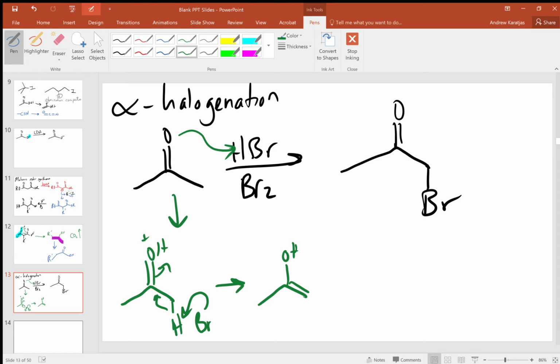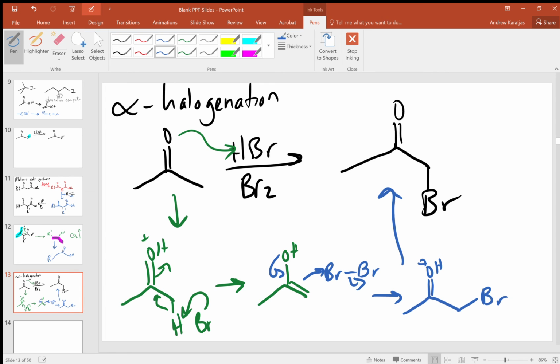The enol we know is a nucleophile. We have an electrophile present in bromine, and so the enol here can attack bromine. And then if we lose that hydrogen, we form our product.